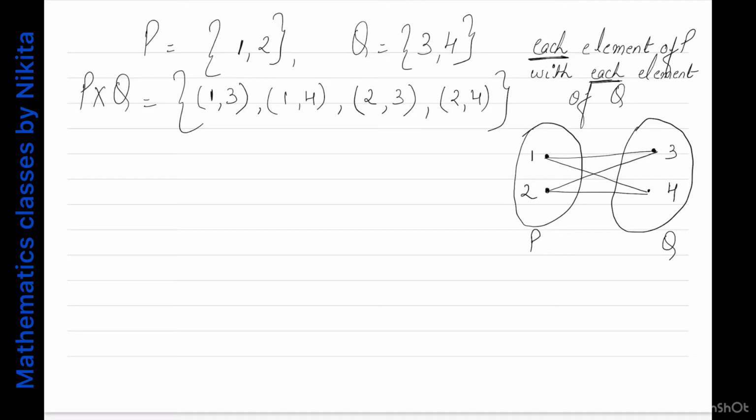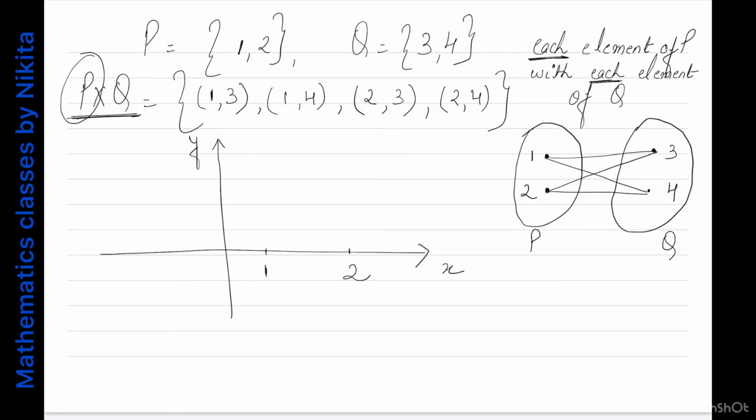एक और तरीके से आप विजुलाइज कर सकते हो. Suppose I make the two coordinate axes. Suppose this is my x axis and this is my y axis. अगर मुझे P cross Q find करना है, I'll write all the elements of P on the x axis: 1, then 2, and all the elements of Q on the y axis. तो जब भी जो आपका पहला सेट है उसके एलिमेंट्स को आप x axis पे लिखोगे, और जो सेकेंड सेट है उसके एलिमेंट्स को y axis पे लिखोगे.